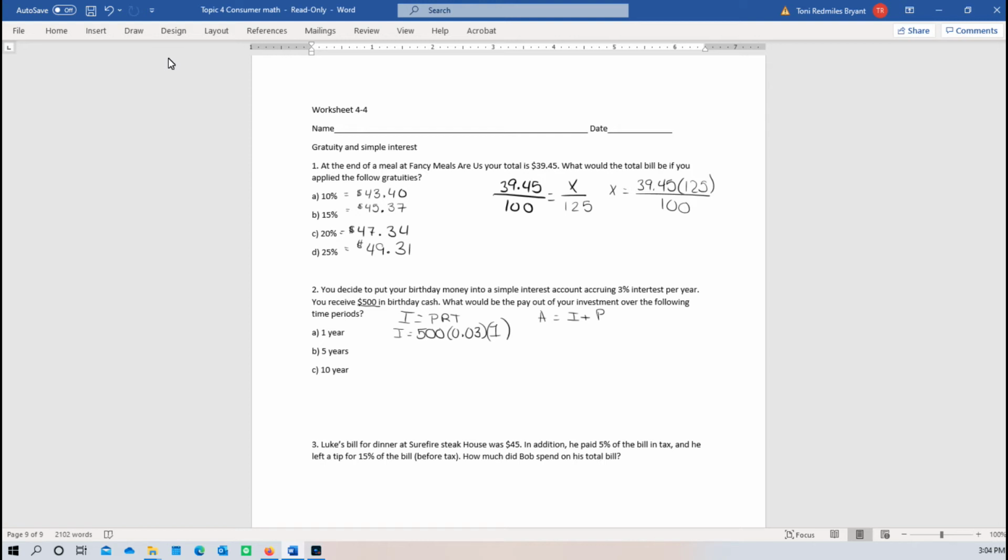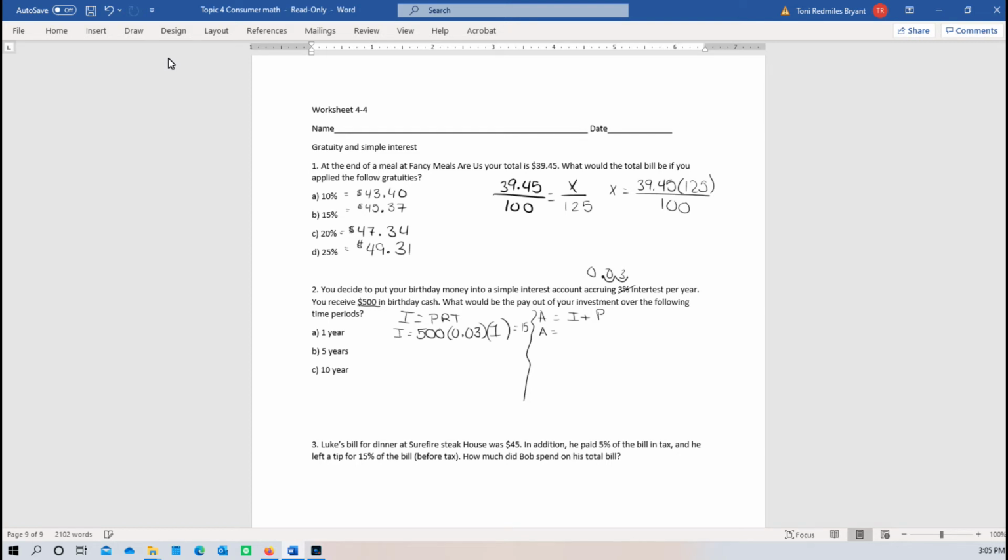Oh, and I made that percent into 0.03% because if I take my 3%, the decimals here, move it 2 places to the left, I'm going to get 0.03. So that's what I'm going to use every time.